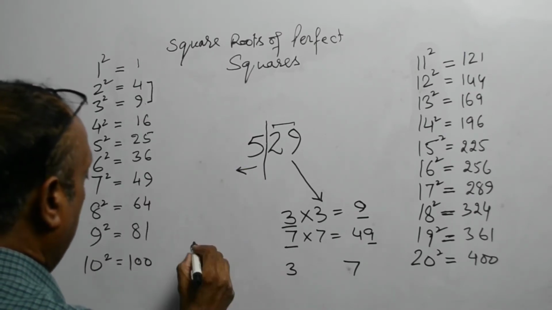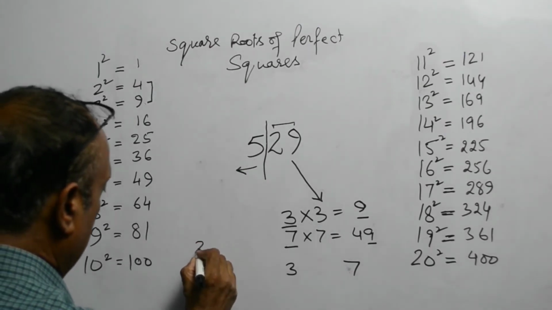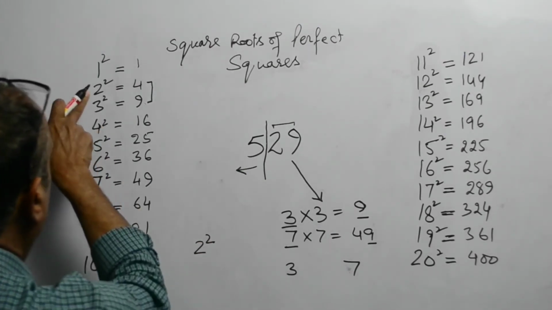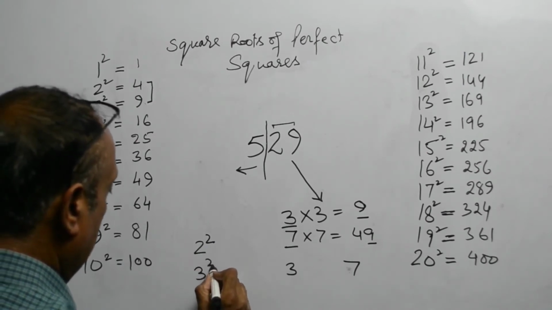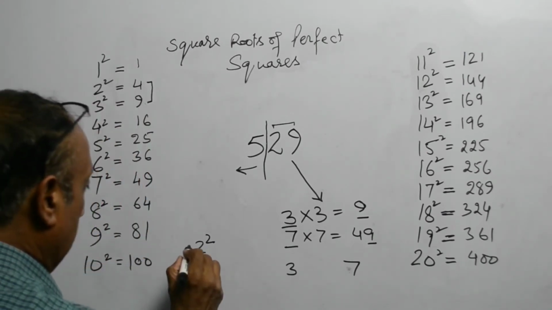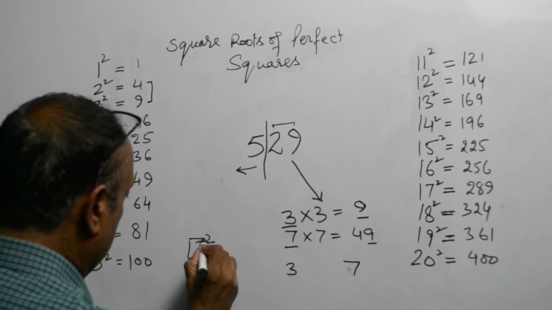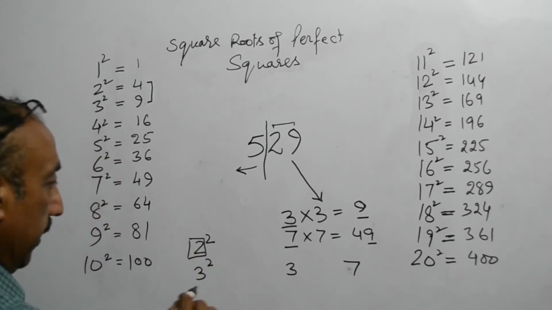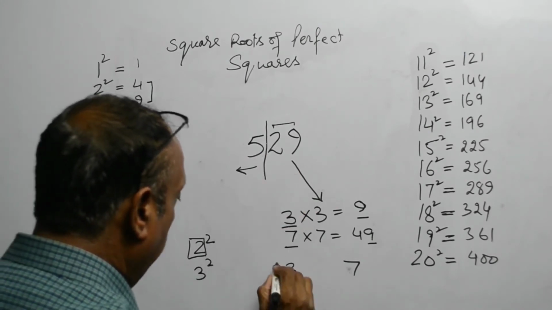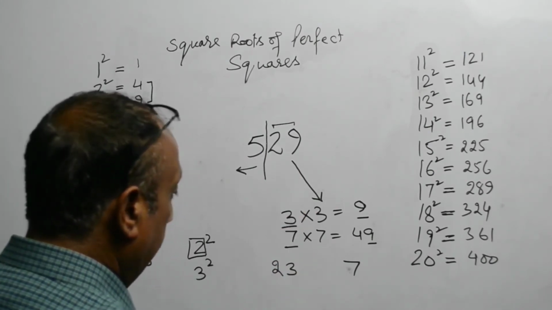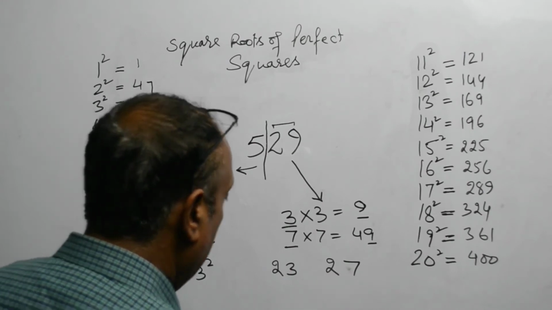It means 5 is coming between the square of 2 and the square of 3. Take the smaller number 2. It means this will be the square of either 23 or 27.